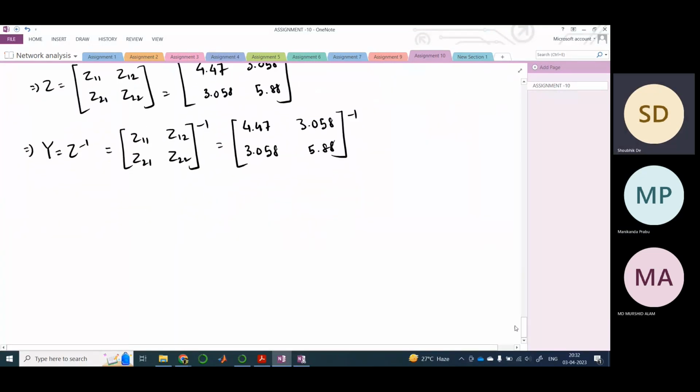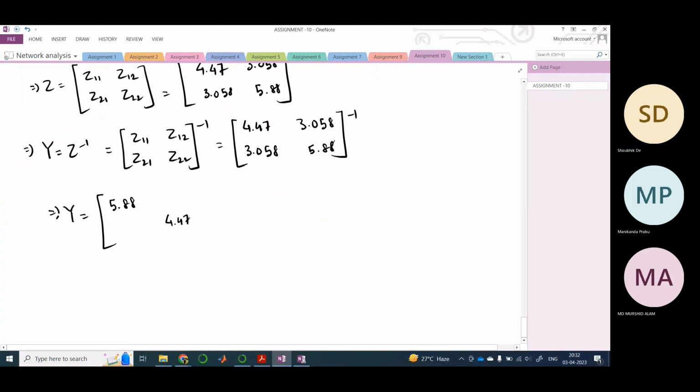So now simple mathematics, right? So basically you swap this. For a 2 cross 2 matrix you swap this, and there would be a minus sign on both of these, right? I'm not going into the rules.